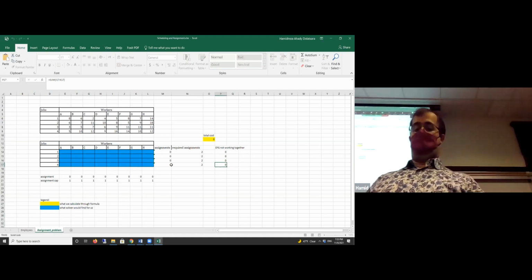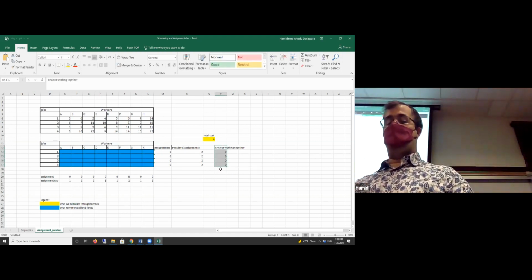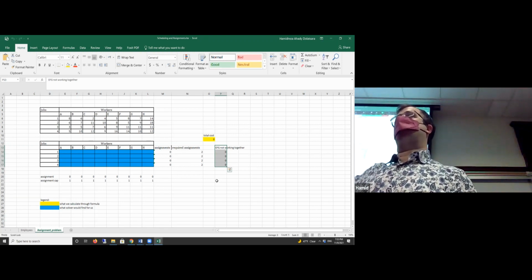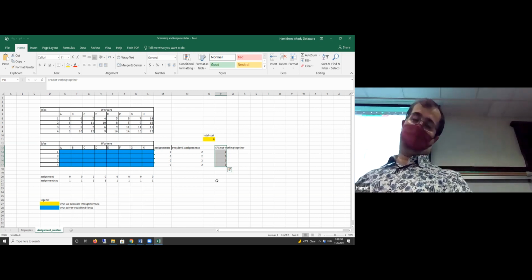So later for this column, I can say E plus F plus G less than or equal to 1, to be sure at most one of them is assigned to that job.